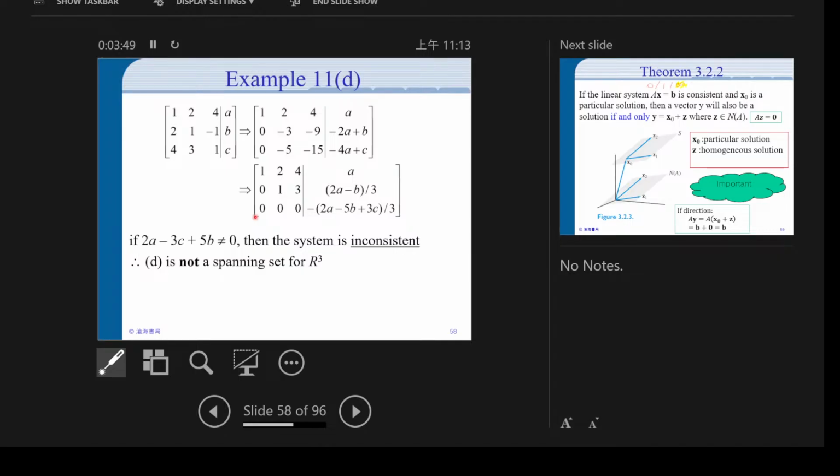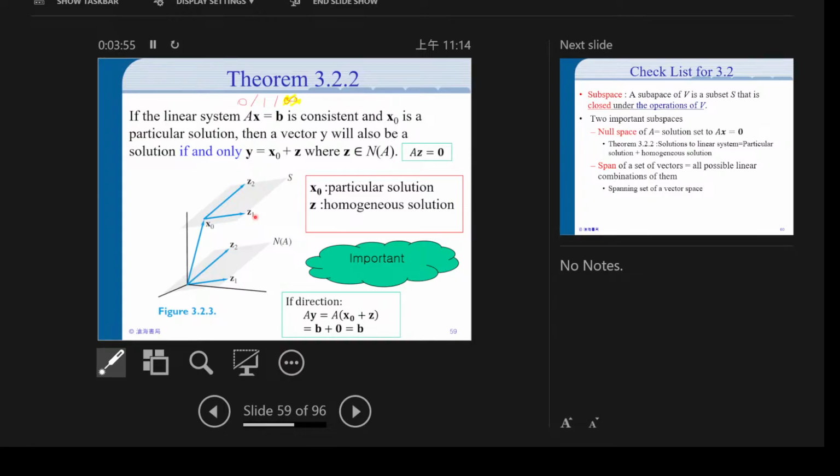Okay, question? And let's go back to see a very interesting theorem that we can have using this idea of null space. So we have Theorem 3.2.2, which tells us about the solution for Ax equal to b when there are infinitely many solutions.